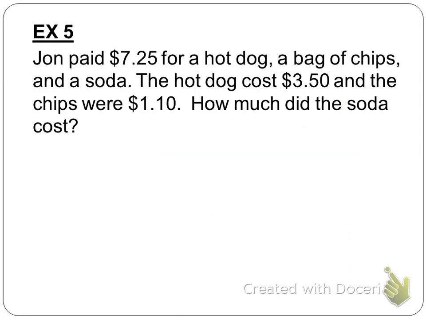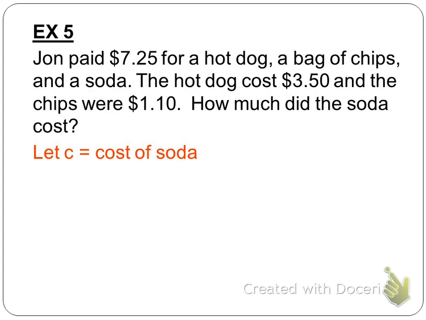So this one says, John paid $7.25 for a hot dog, a bag of chips, and a soda. So that's the total, right? $7.25. The hot dog was $3.50. The chips were $1.10. How much did the soda cost? So when you buy something, what are you doing with all the prices? Adding them up. So I'm going to write an equation, and I am going to let C represent the cost of the soda.